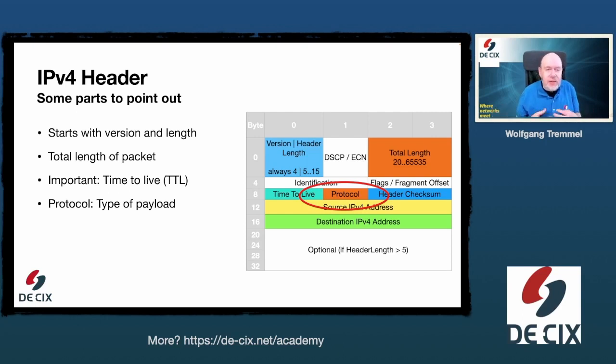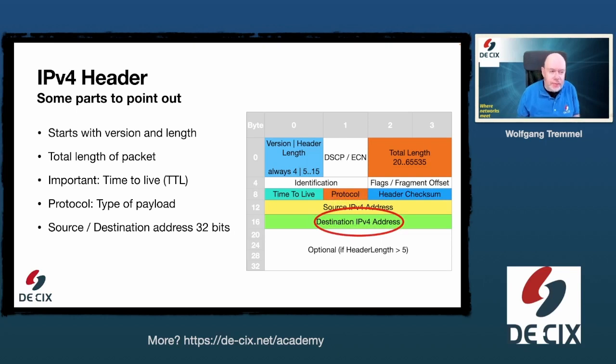It tells the system what kind of payload this IP packet contains. And then, of course, we have the source and destination IPv4 addresses. IP version 4 addresses are 32 bits in length, and that's important to keep in mind.